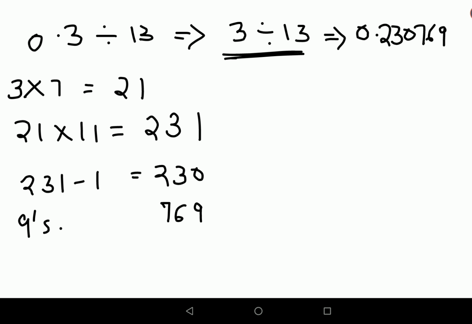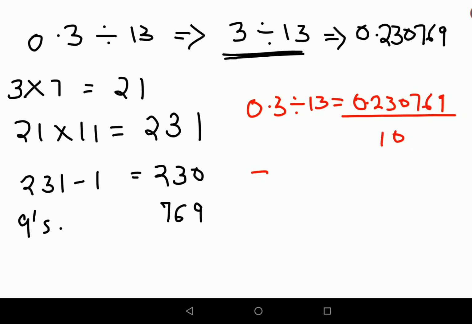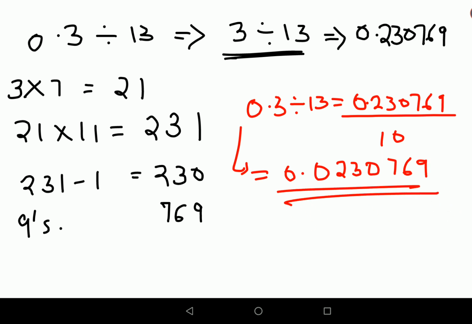So in order to find 0.3 divided by 13, we will divide the answer we got, 0.230769, by 10. So your final answer for this one comes out to be 0.0230769. I hope you have understood how to do this.